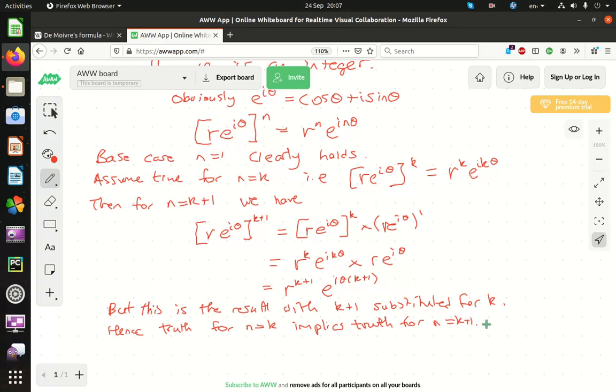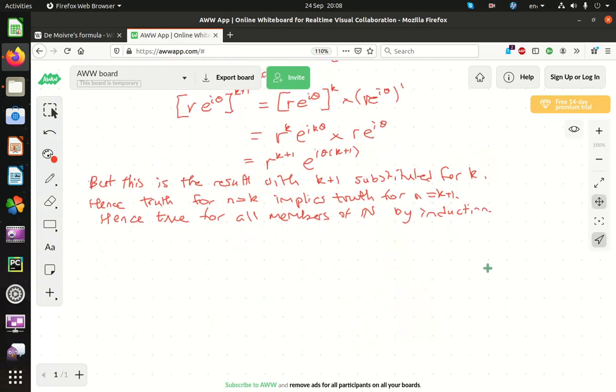Hence, true for all members of the natural numbers by induction. I don't know why I'm not just writing n in N by induction. Done. Yeah.